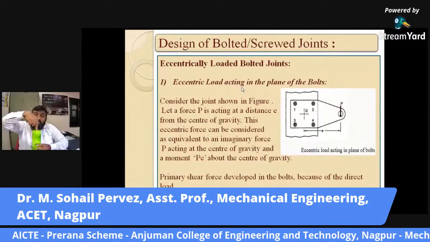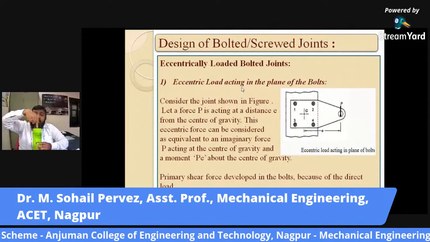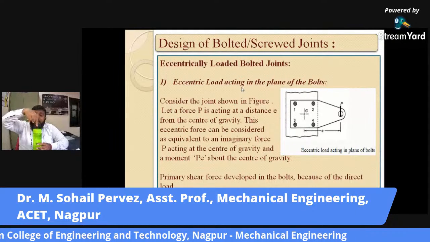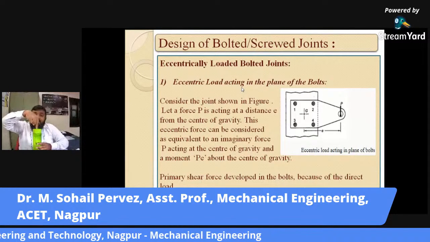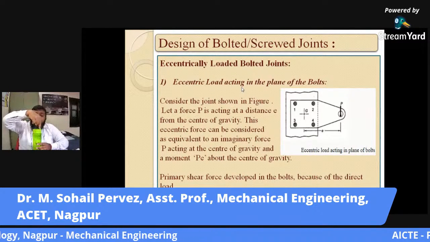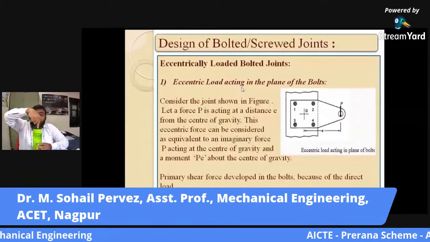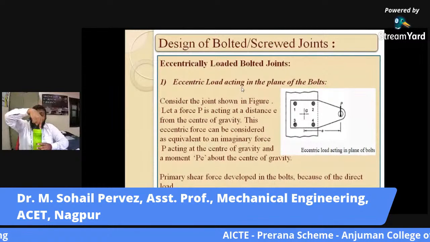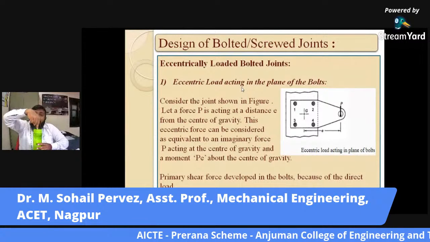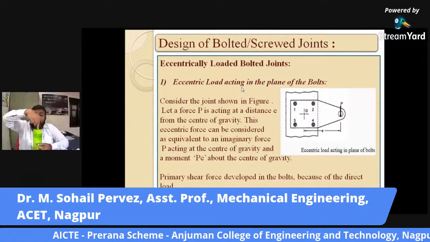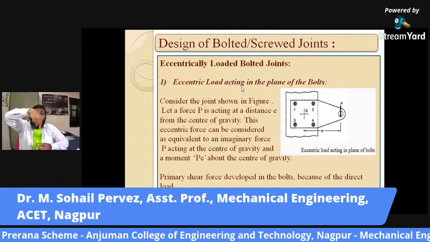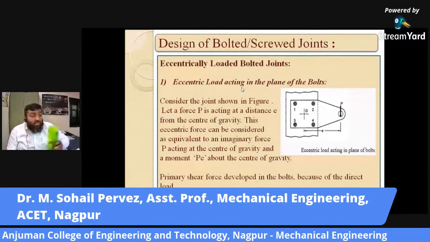But if I apply a load other than at the axis of this object, then the distance between the line of action of force and the axis of this body is known as eccentricity, and the applied load is known as eccentric load.